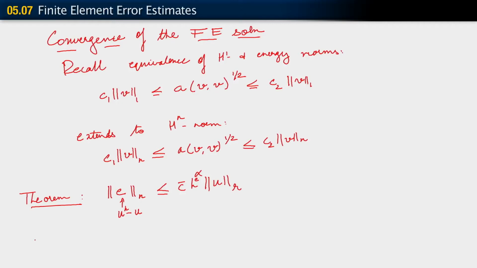All right, proof. Let me start the proof with the result I stated at the beginning of the segment, just above the theorem. Let us start by writing C1 times the n norm of the finite element error.